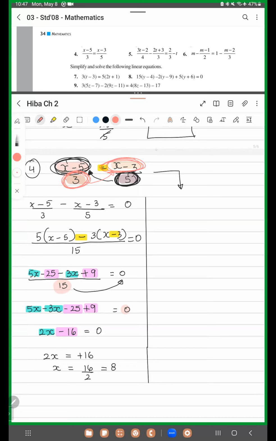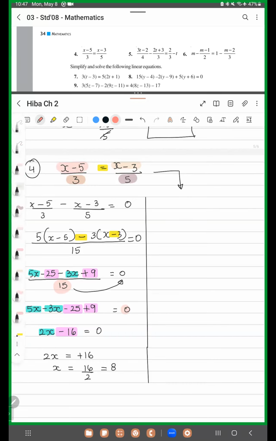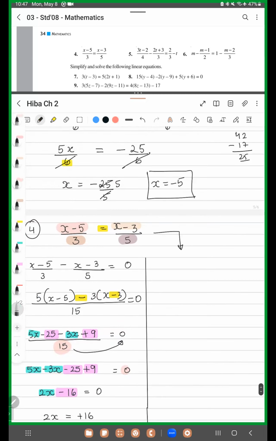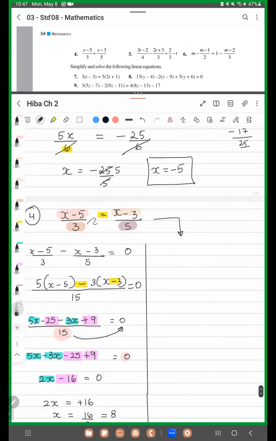Clear? But why do we have to send them to the other side? Hiba, why can't we send them to the other side? First tell me that. You have to get rid of this 3 and this 5.